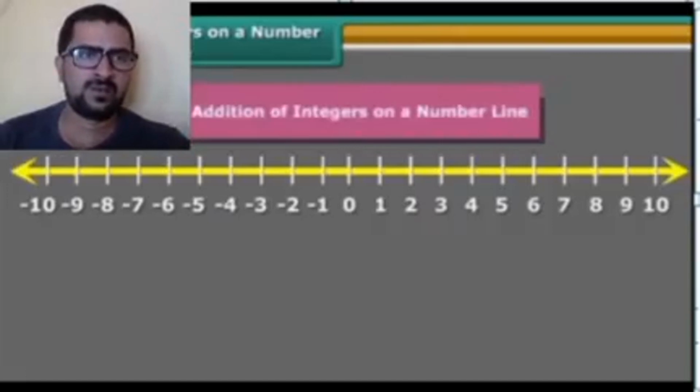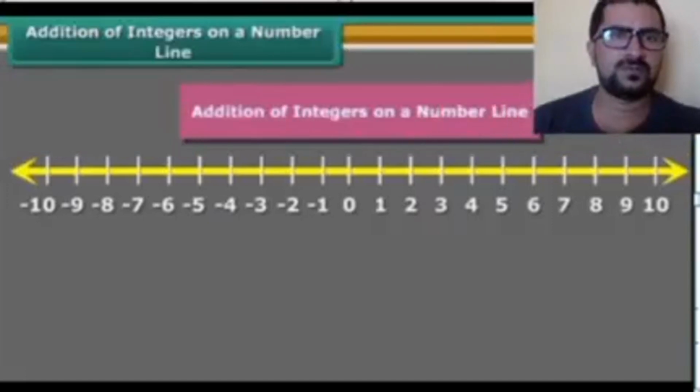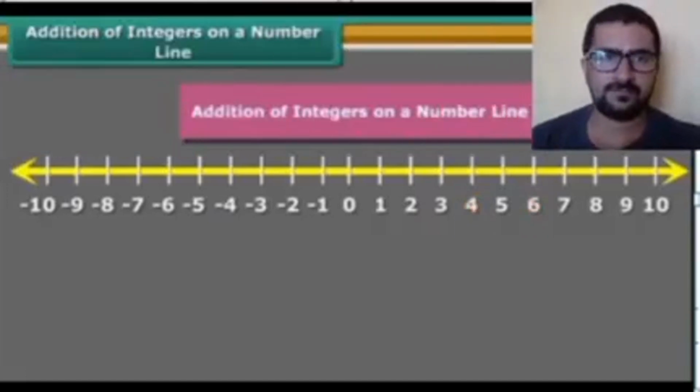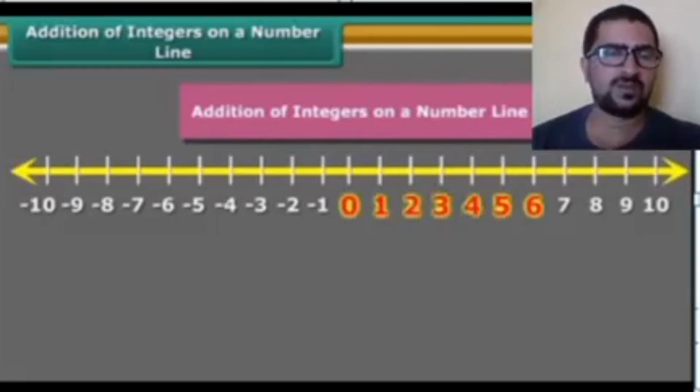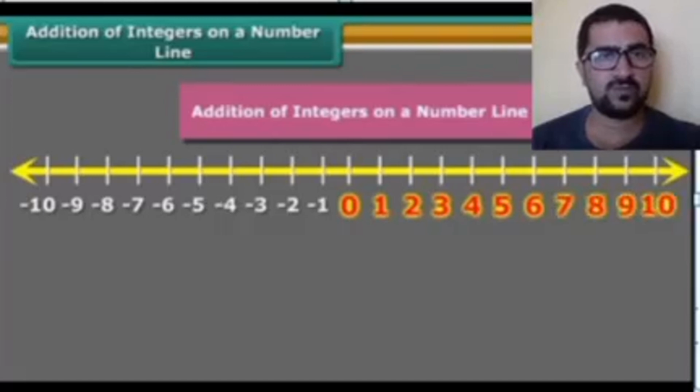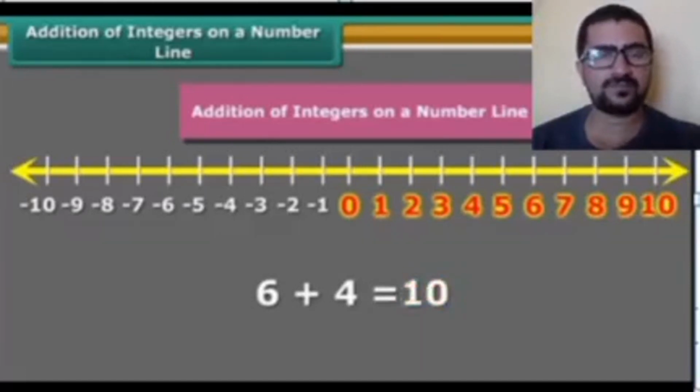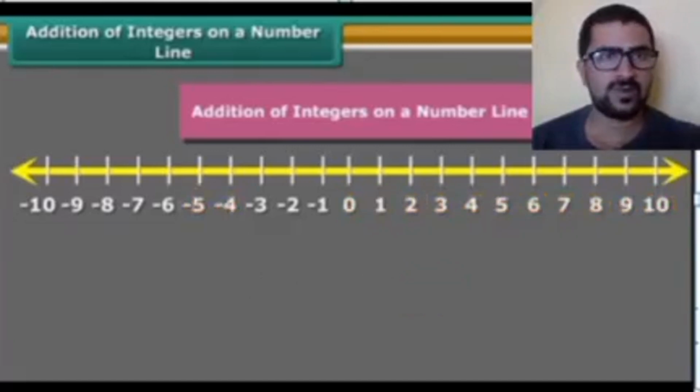Students, now we learn addition of two positive integers on a number line. If we add 6 and 4 on a number line, we first move 6 steps to the right from 0, reaching 6, and then we move 4 more steps to the right of 6 and reach 10. Thus, we get 6 plus 4 is equal to 10. Let us add two negative numbers, -5 and -4, on the number line.